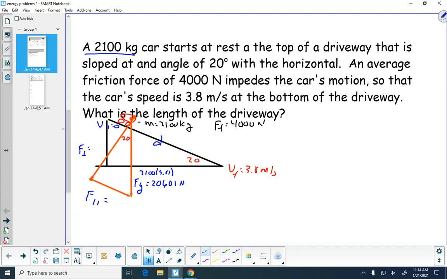Force parallel? Sine of 20. So we have 20601 sine 20. And then the force perpendicular would be times cosine of 20.